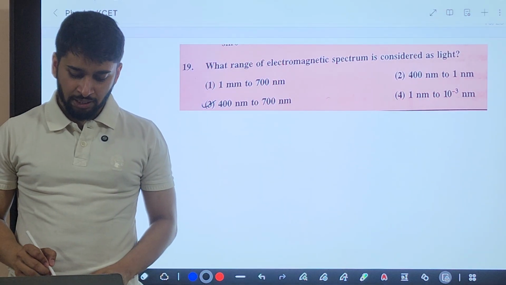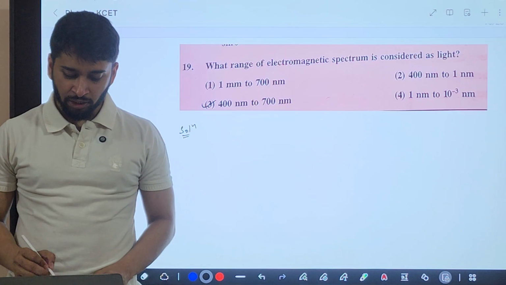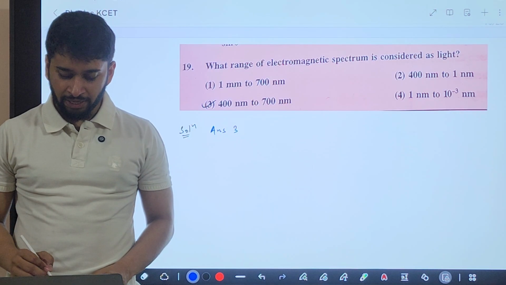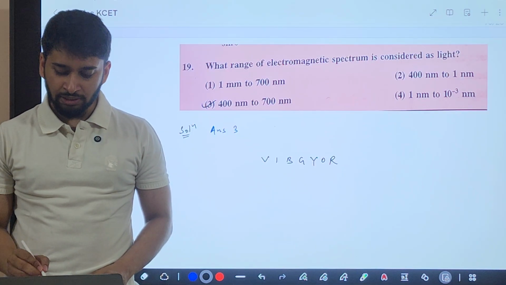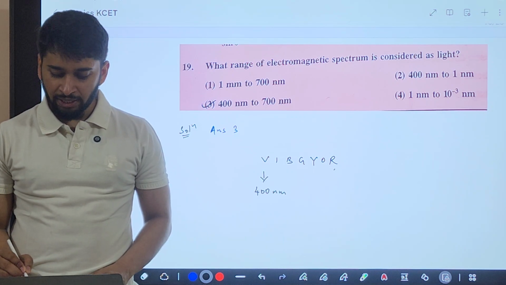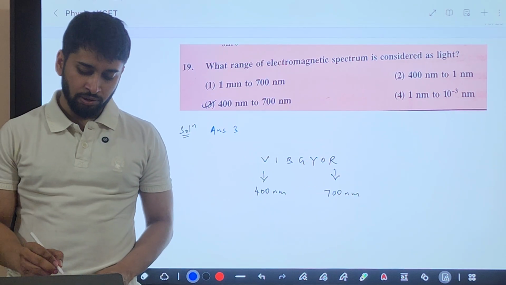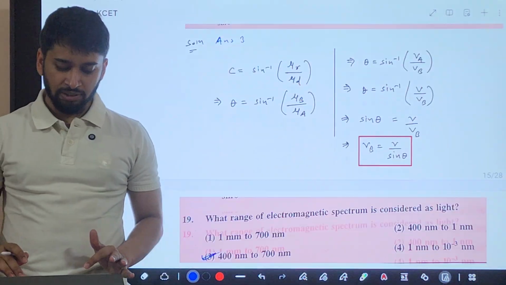For violet the wavelength is 400 nanometer, for red it is 700 nanometer. So answer will be option 3. Fine. Okay, great. Let's go for the next one.